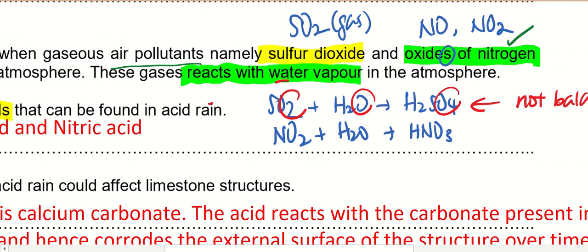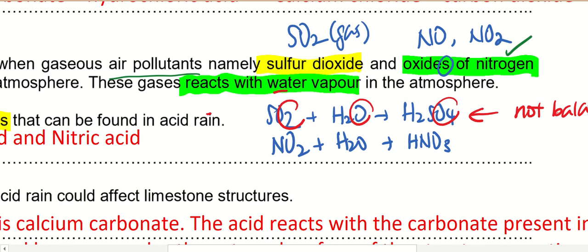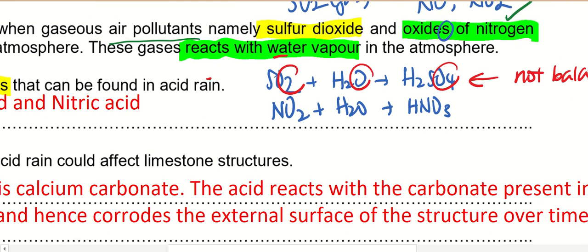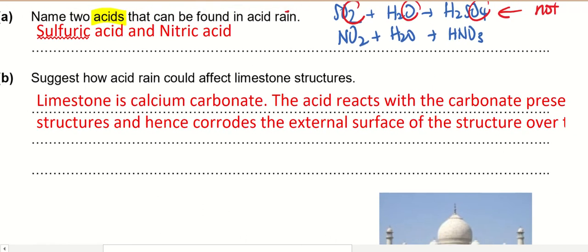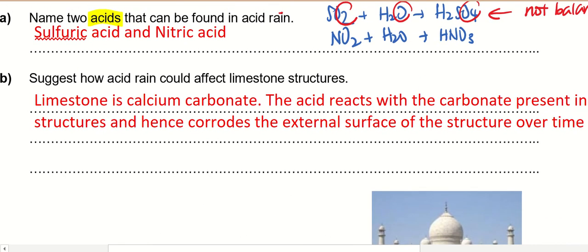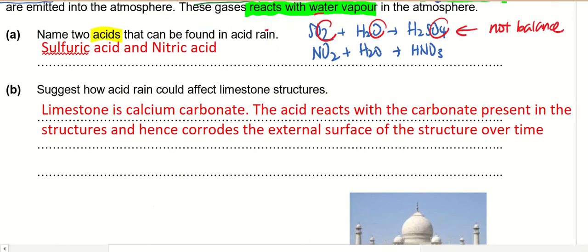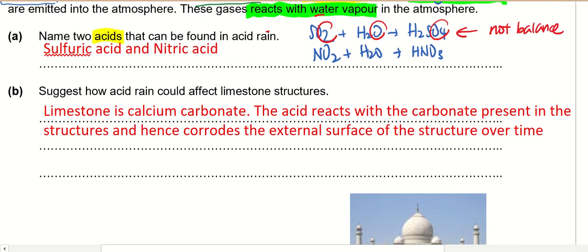So when these air pollutants, these two gases, react with the water vapor that's lurking around in the atmosphere, or are dissolved in the ocean, they produce acids. So how does this affect your limestone structures? Clearly, these are acids reacting with the limestone in the structure.